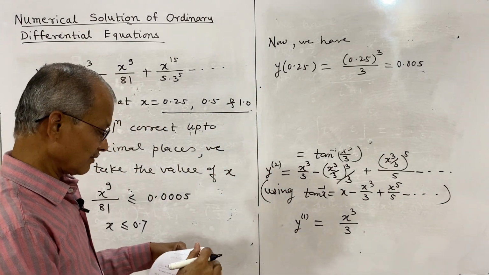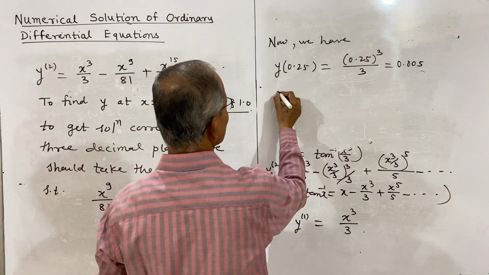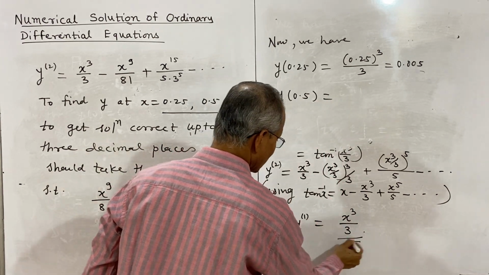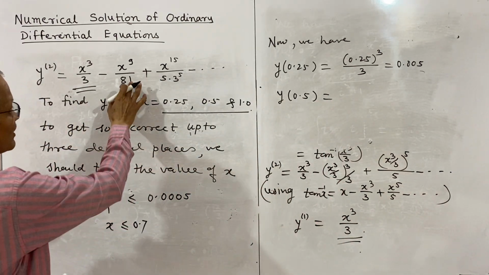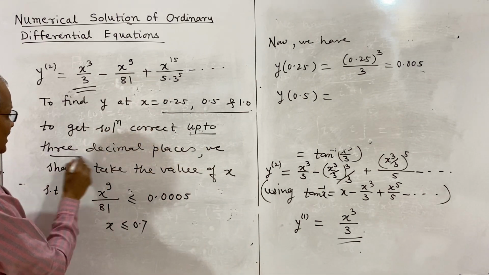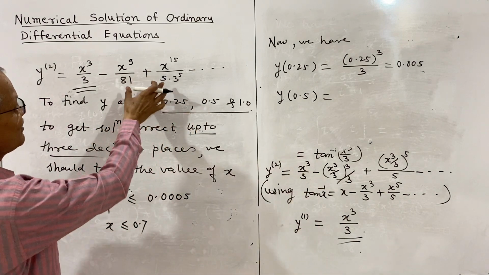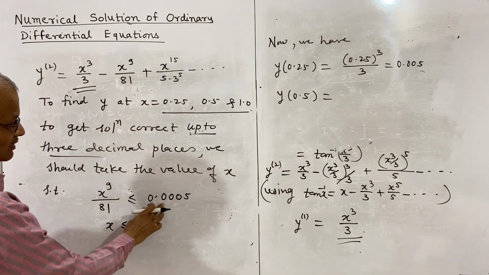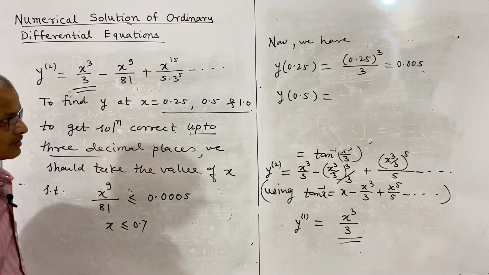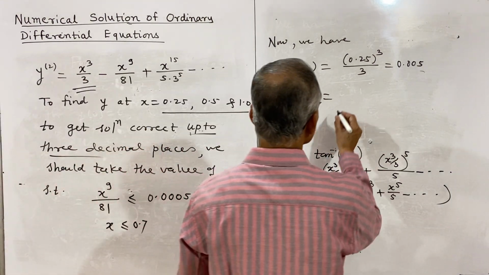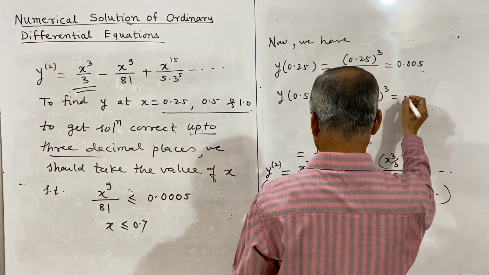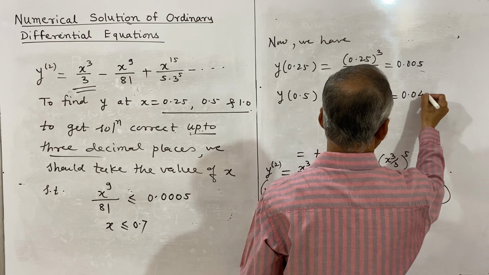Similarly, next is y at 0.5, from this first term only. We don't need to take the second term because the solution is asked correct up to 3 decimal places. So this value is 1/3 into 0.5 cube, and that comes to be 0.042.